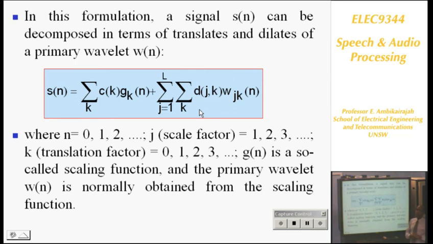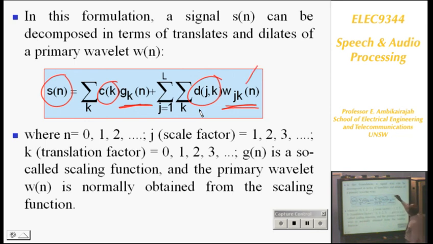So people thought, rather than using the previous equation I showed, they came up with a different type of equation, saying that a signal Sn can be decomposed using a coefficient Ck with a function, and another set of coefficients Dk with another function.